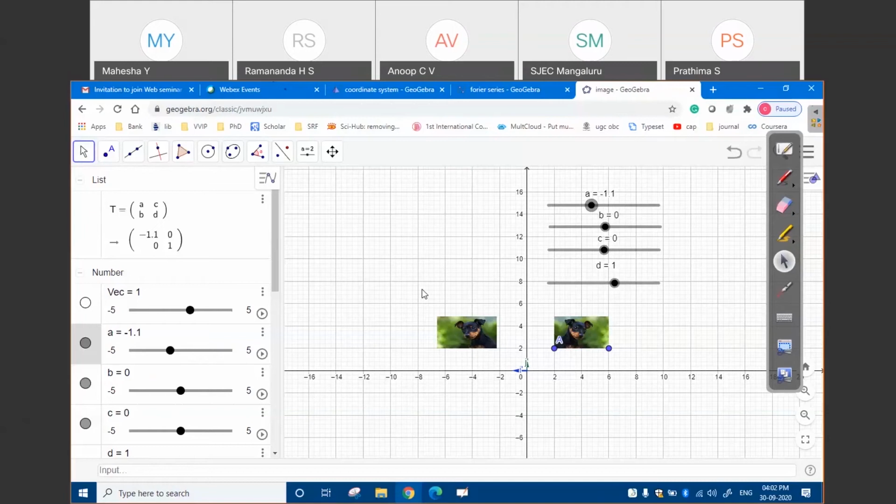So this is another case where we can live demonstrate what happens to the vectors as the transformation matrix changes, and when you multiply by the transformation, what all possible transformations you can obtain, like shearing the image, extending the image, inverting the image, finding the mirror image along the vertical axis, finding the mirror image along the horizontal axis, etc. So that is another example where we can show how to use images in GeoGebra.